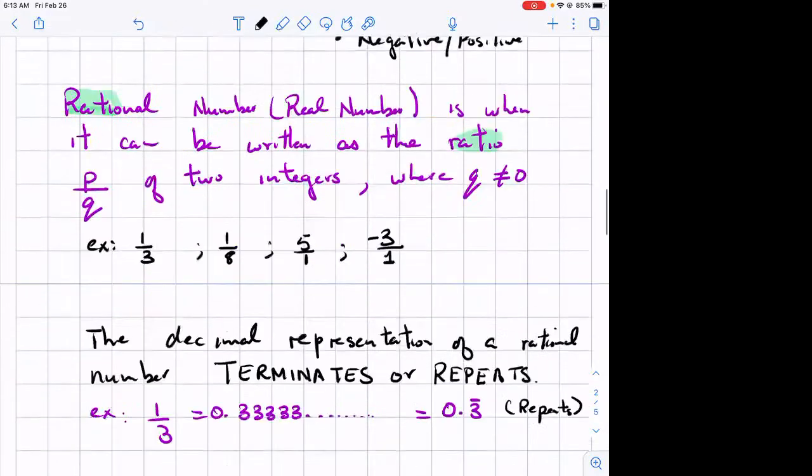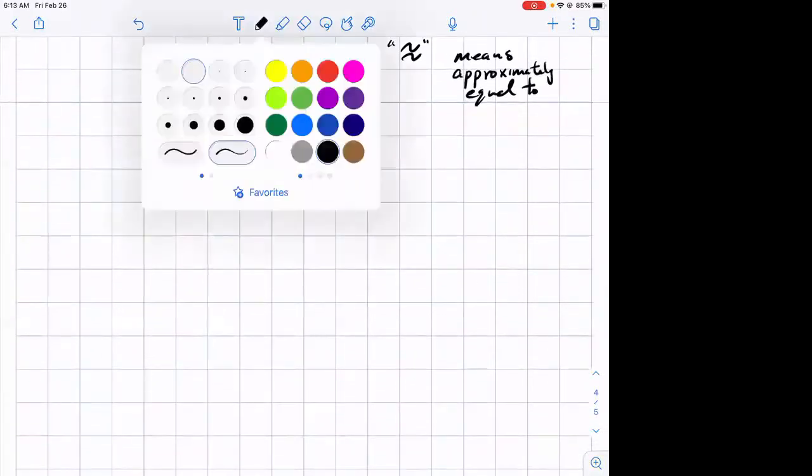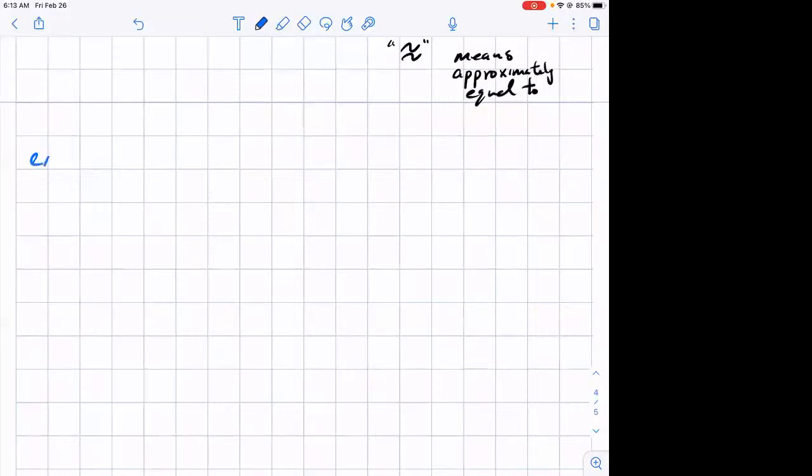So if I give you a set of numbers, let's look at an example. Given the set, remember sets are enclosed in curly braces.